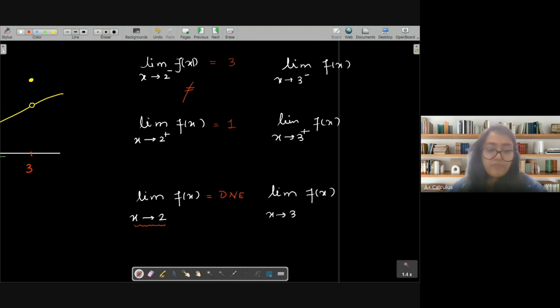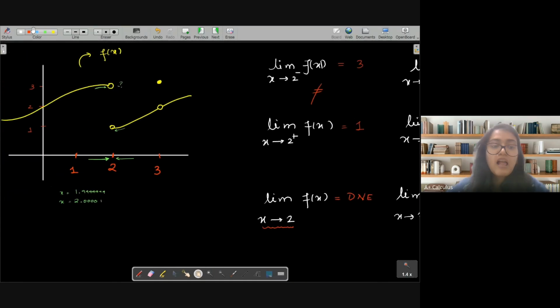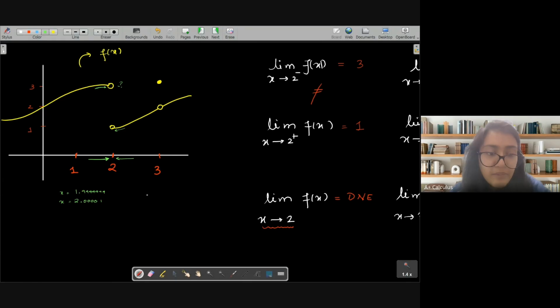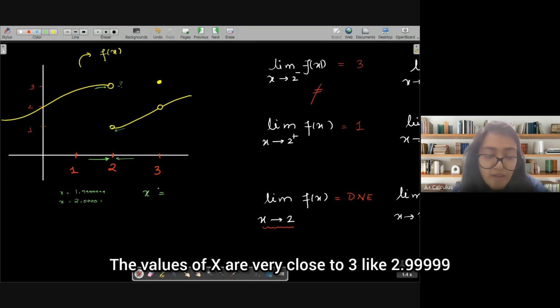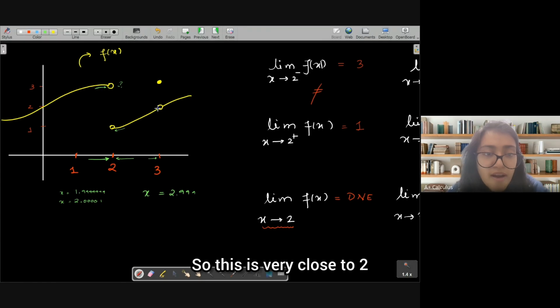What is happening when x is equal to 3? From the left-hand side, when you approach 3 from the left, that means when values of x are very close to 3, like 2.99999, the function is here. So this is very close to 2. And when we approach 3 from the right side, let's take 3.000001, the function is again approaching this value, again a number very close to 2.